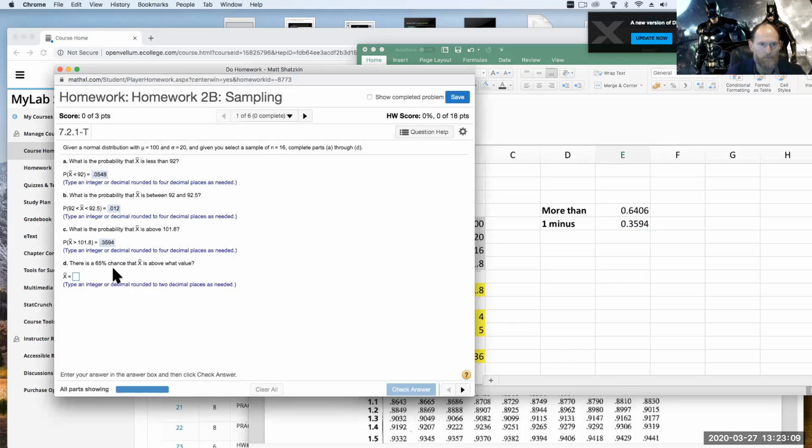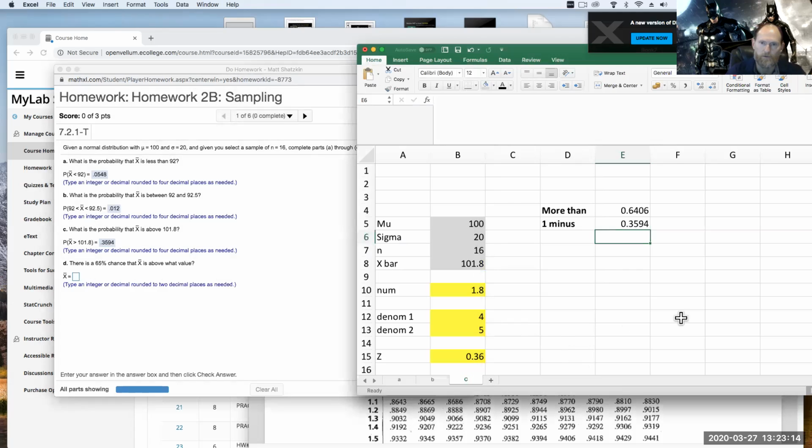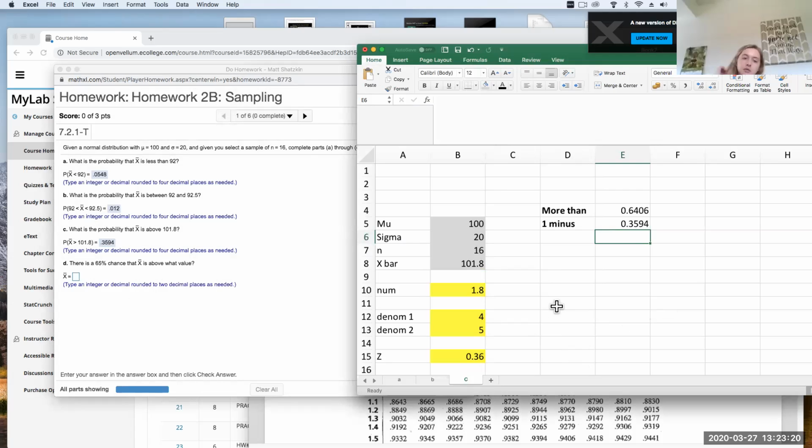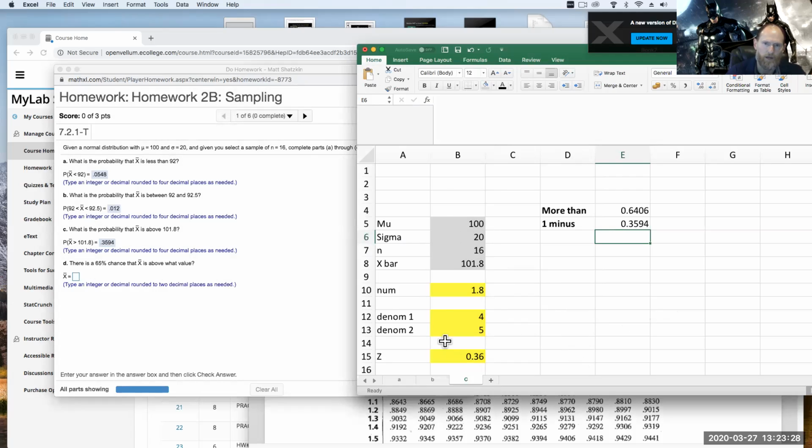There's a 65% chance that X is above what value? Okay. This is the one you were having problems with, right, Lexi? Okay. Yeah. All right. No worries. So let's see here. I don't think this is probably the way to do this right here.